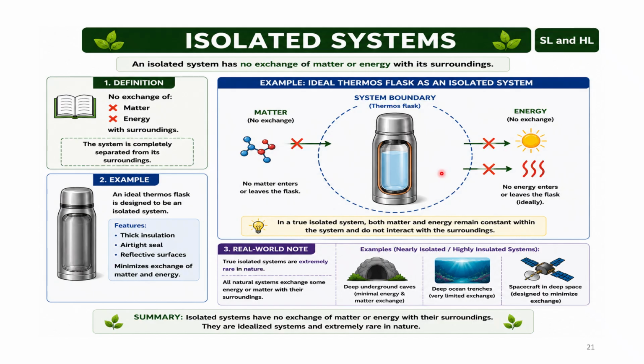Isolated systems. An isolated system is defined as a system that exchanges neither matter nor energy with its surroundings. This means that everything required by the system remains completely contained within its boundary, making it entirely separated from the external environment. A commonly used example is an ideal thermos flask.